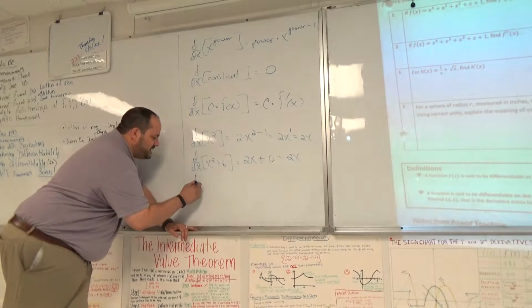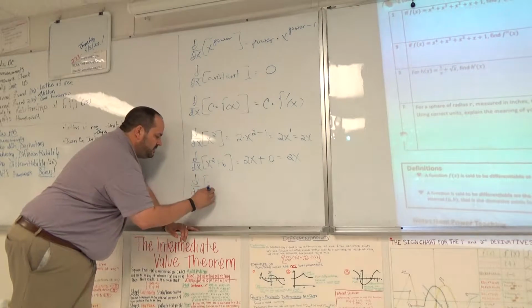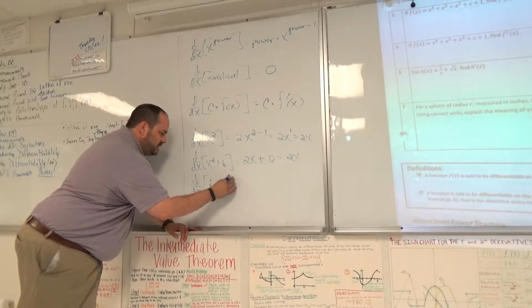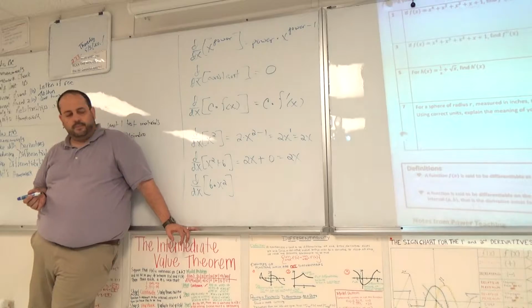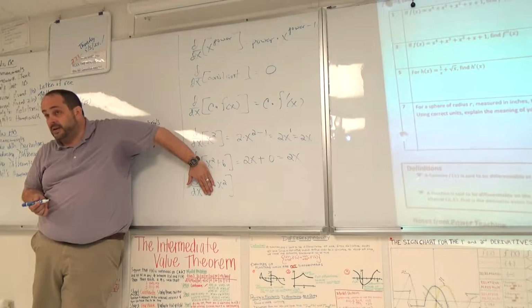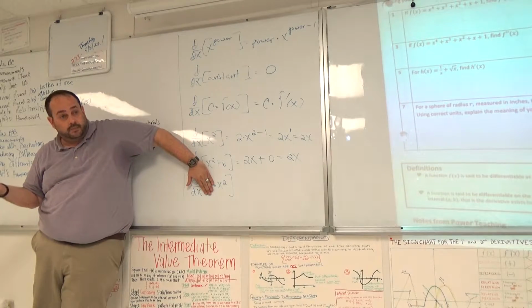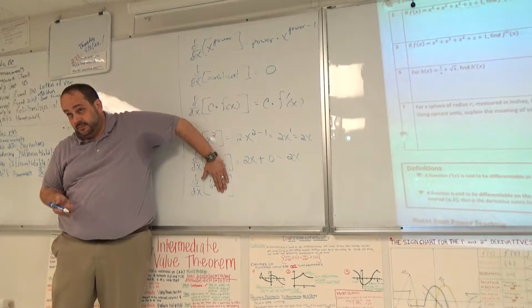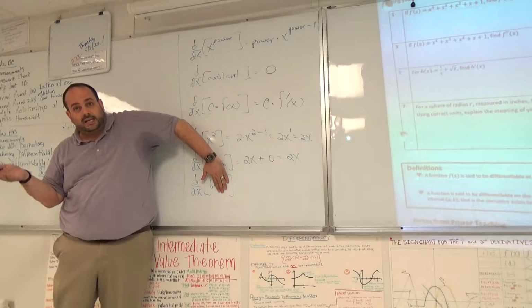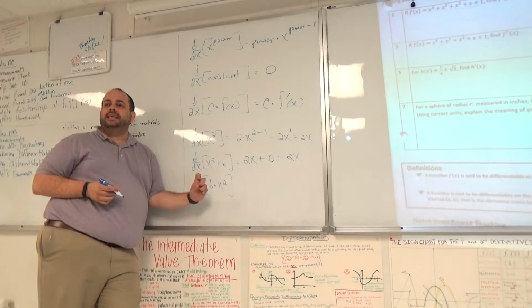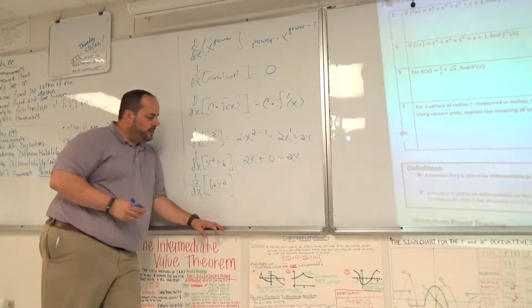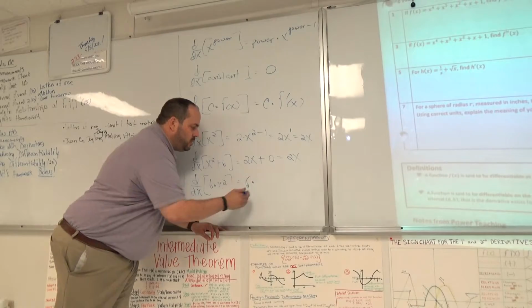This is the one that messes everybody up. The derivative of 6 times x squared. Derivative of x squared, everybody knows, 2x. The derivative of just 6 is 0 because it's a constant. But when you are taking the derivative of a constant times a function, the way it works is you ignore the constant.